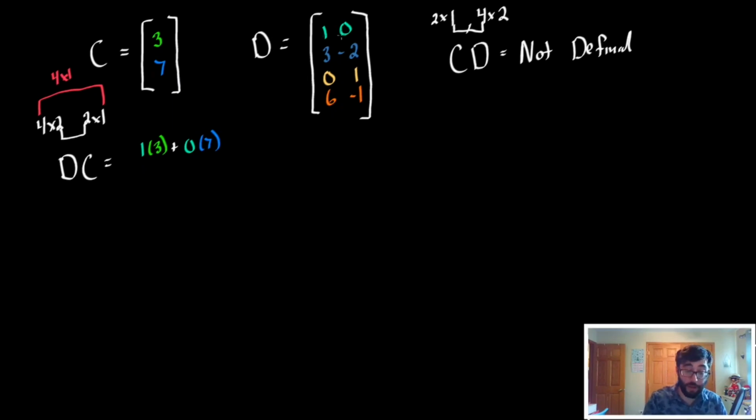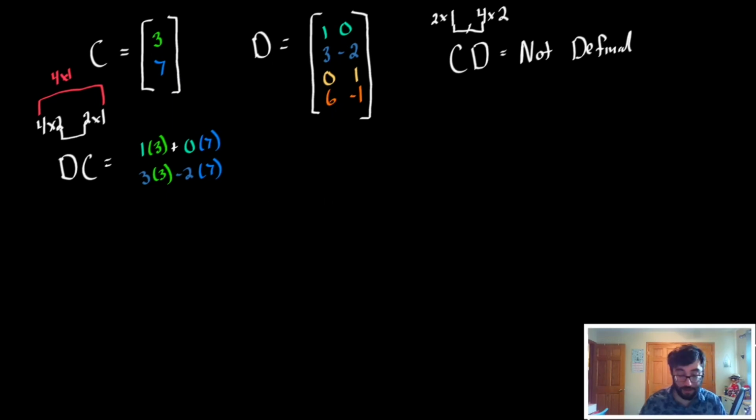Now I used up that row and all the columns in C, so now I move on to the next row. So then the next row is going to be 3 times 3 plus negative 2 times 7, okay? So we had 3 times 3 and negative 2 times 7.